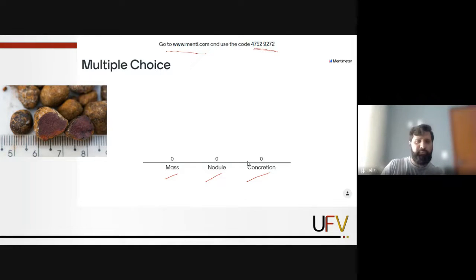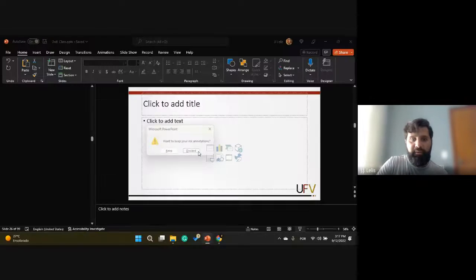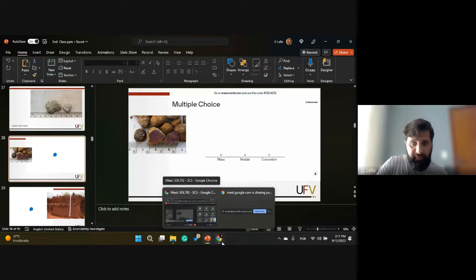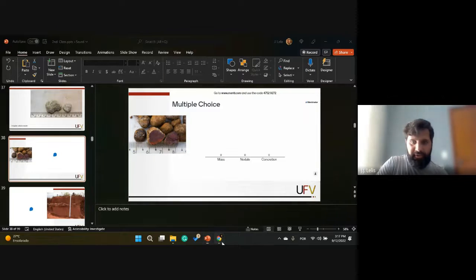Oh, I'm not sure it's working. Maybe something happened. So you can just put in our class, so we can identify if this is a mass, or a nodule, or a concretion.